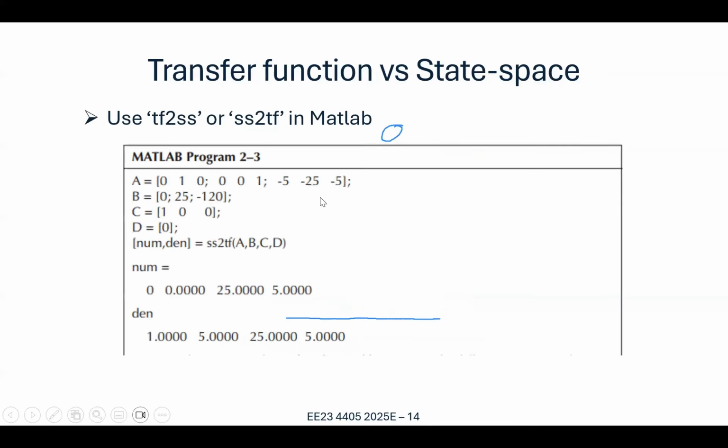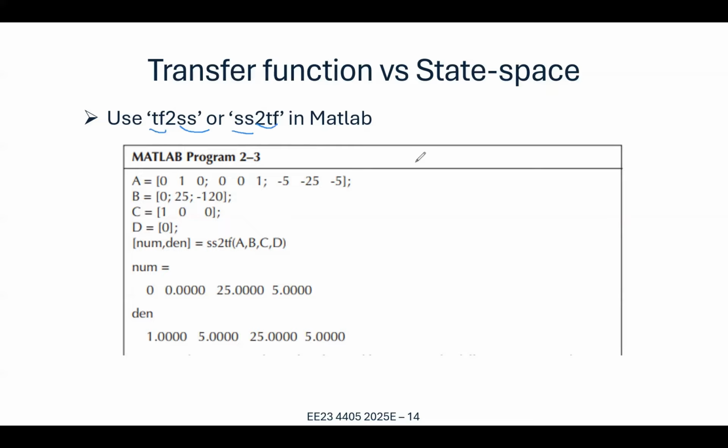So the other approach is to just use MATLAB or other programs. We use tf2ss and ss2tf. So this kind of commands here, we convert the transfer function into state space or state space to transfer function.